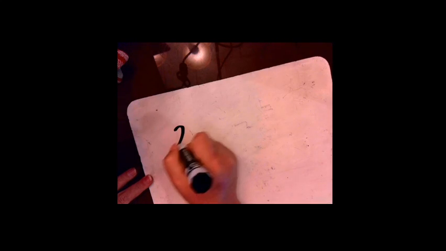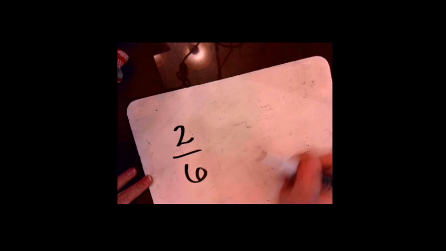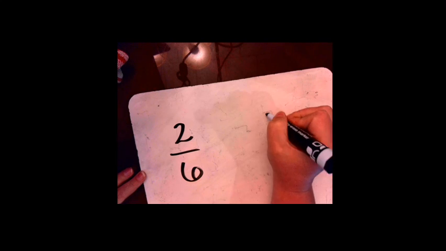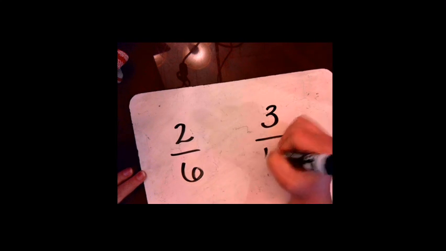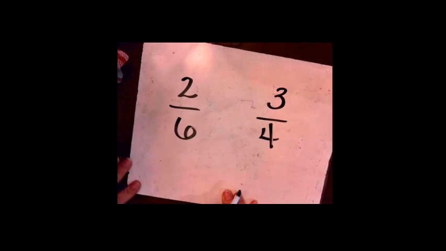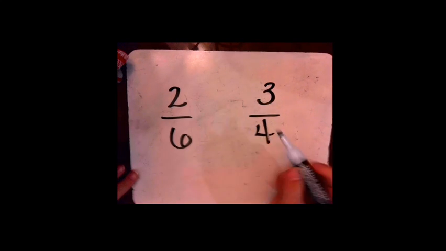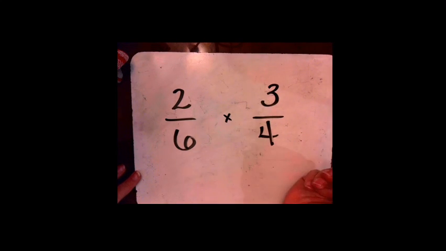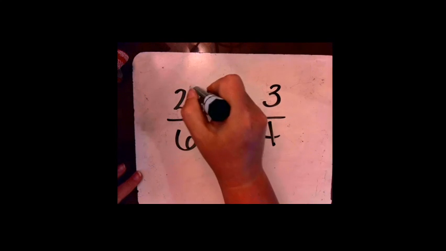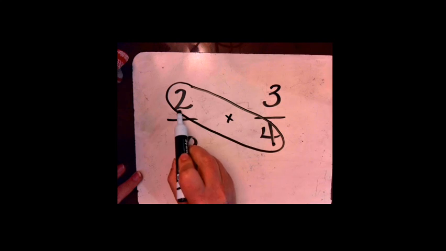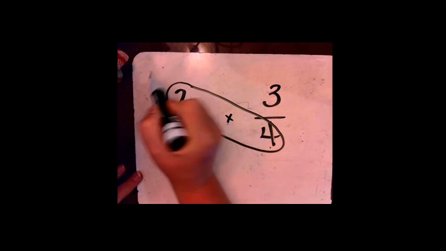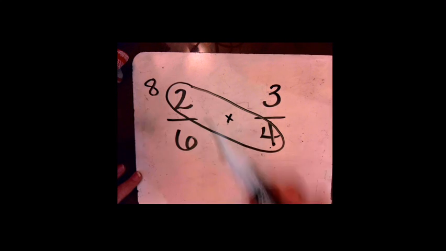What if I have 2 sixths and let's do 3/4. Okay. Remember to think of that multiplication sign. We're going to put that X there while we figure out our answer. Always put your answer up beside your top number. 2 times 4 is 8.